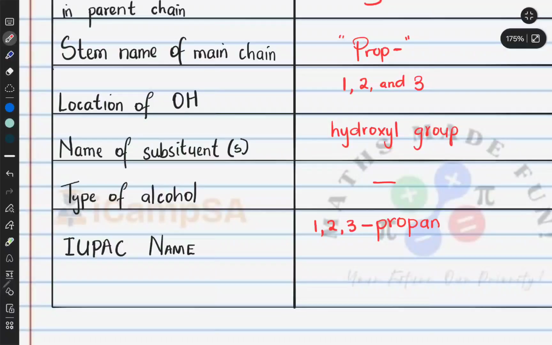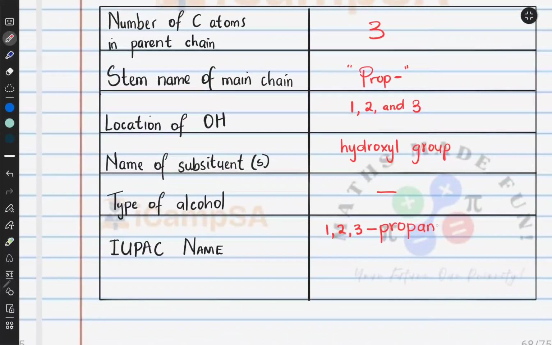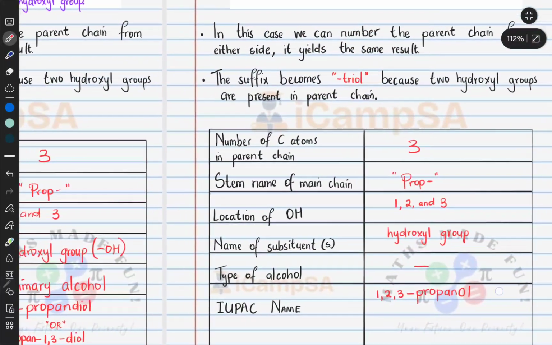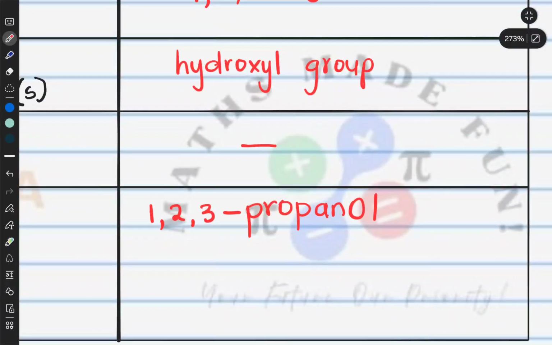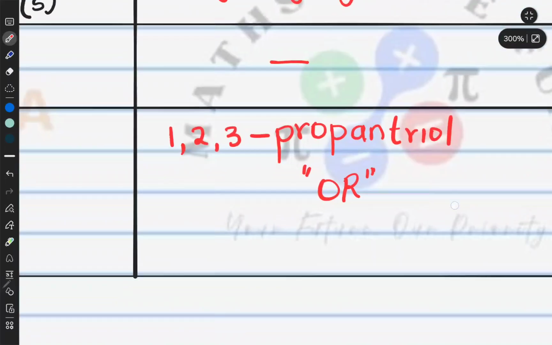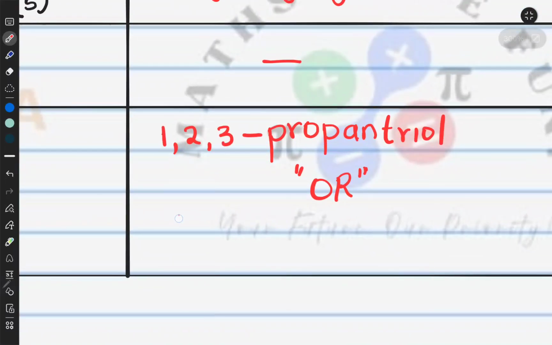But since now it's not just going to be simply propanol, because there are 3 hydroxyl groups, we have to add our Greek prefix tri. So it's going to be propan-triol, right? Or we will say propan-1,2,3, and then we put our suffix at the end.